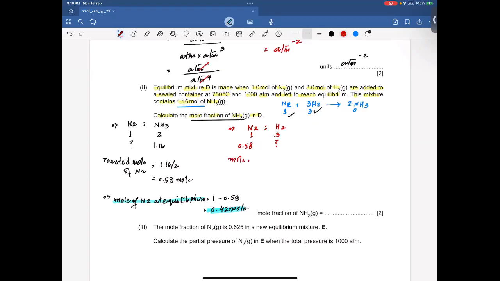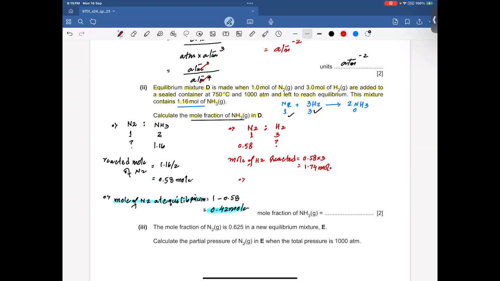So moles of hydrogen reacted would be 0.58 into 3, which is 1.74 moles. If the initial moles was 3 and the reacted amount is 1.74, how much hydrogen would be present at equilibrium?